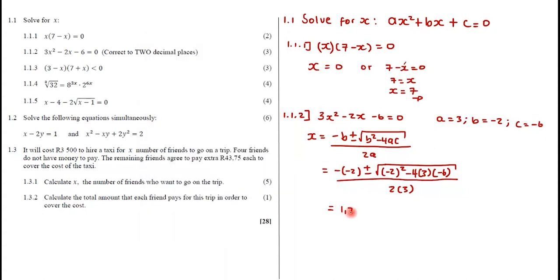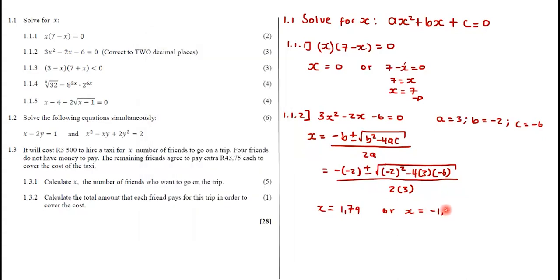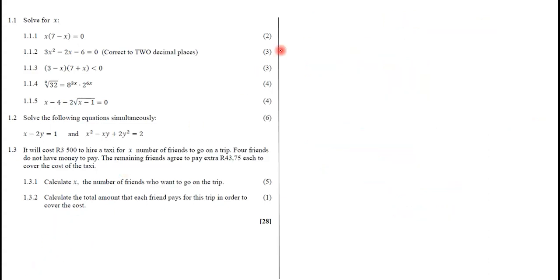So I'm going to write this as 1,79. And then to get the second one, you just change the plus sign into a minus sign, and then it will give us negative 1,12, and that is the answer that we get for the second one.